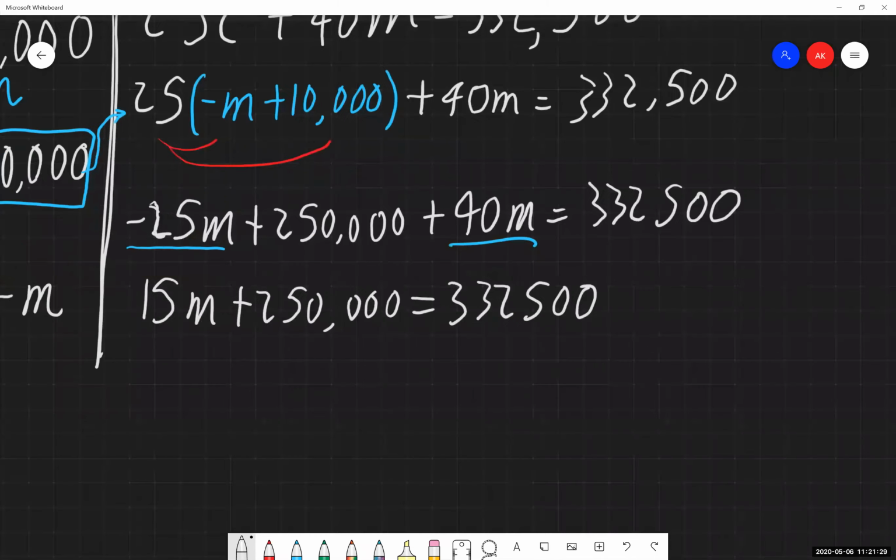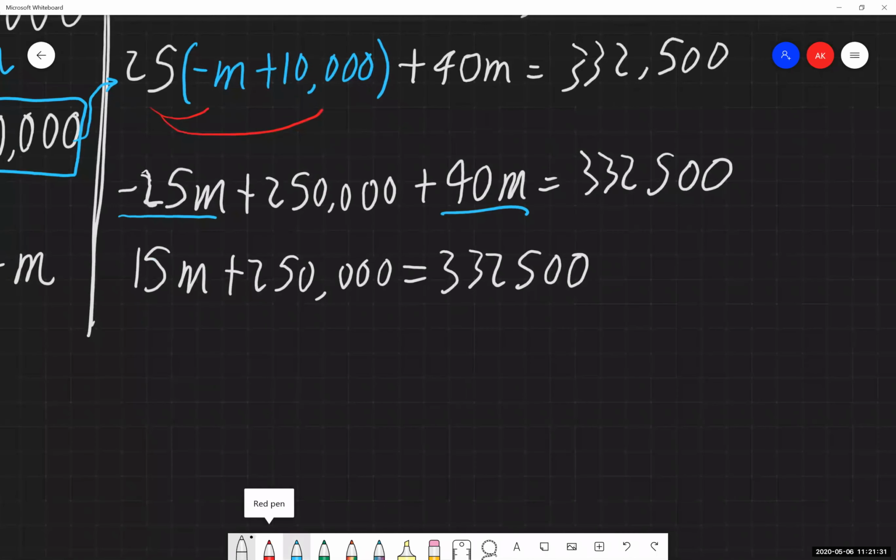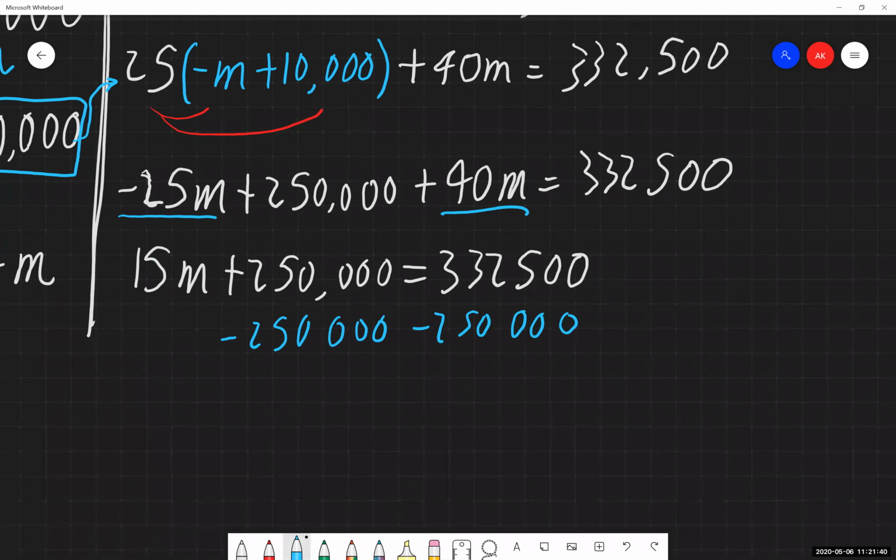And now from here, again, I'm trying to isolate my variable terms to one side. I'm subtracting 250,000 from both sides. Again, apply your calculator.